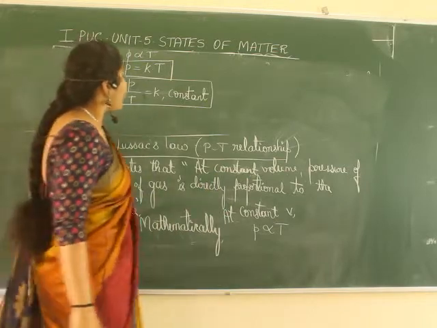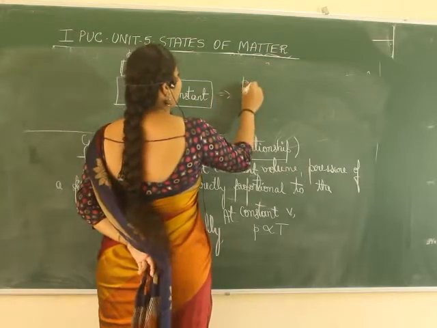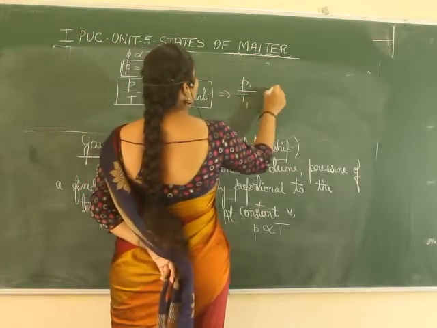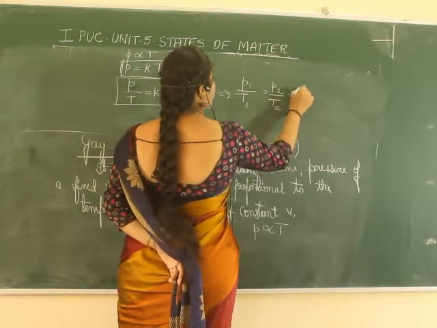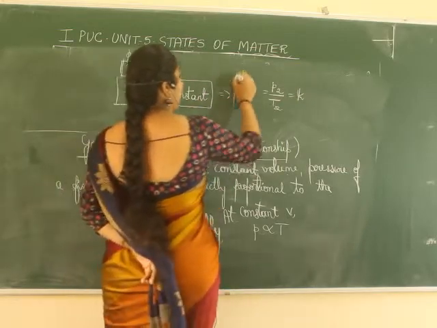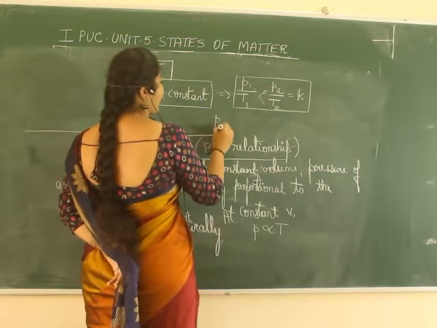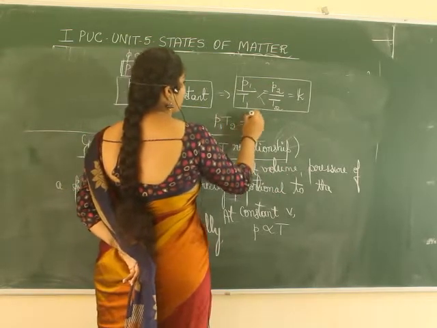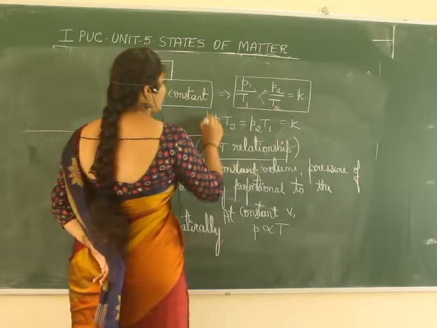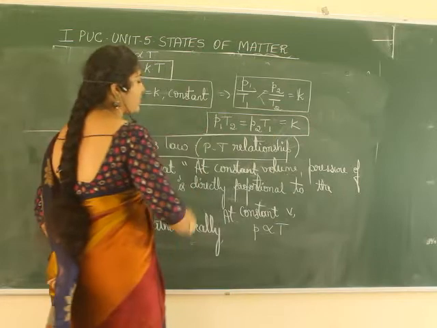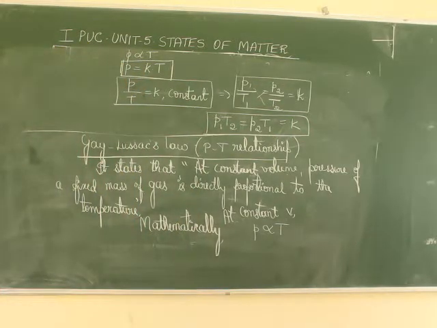I can write this as P1 by T1 is equal to P2 by T2, which is equal to constant K. Otherwise, if we cross multiply, I can also write P1 T2 is equal to P2 T1. So what is it giving? It is giving you the relationship between pressure and temperature. Do note down the points.